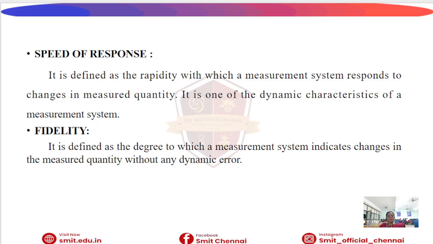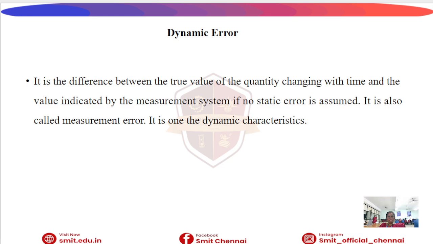Fidelity is the ability of the system to reproduce the input signal without distortion or loss of information. Dynamic error is the difference between the true value of a time varying quantity and the value indicated by the instrument. It occurs because the instrument cannot respond instantaneously to changes.